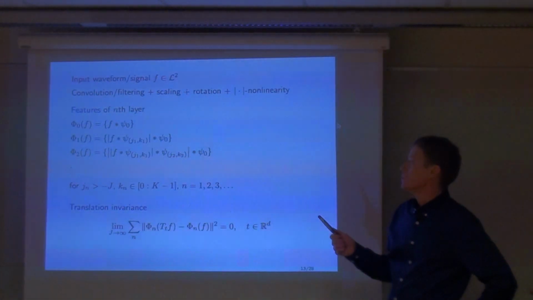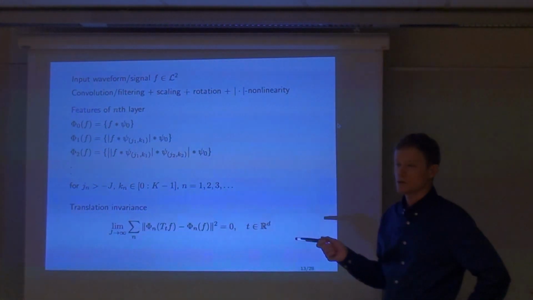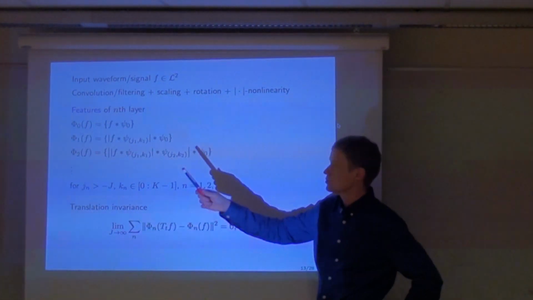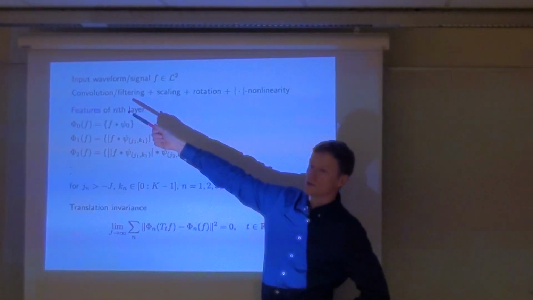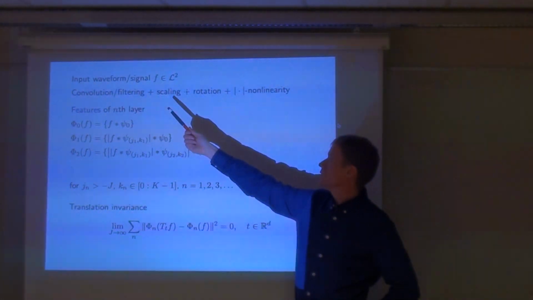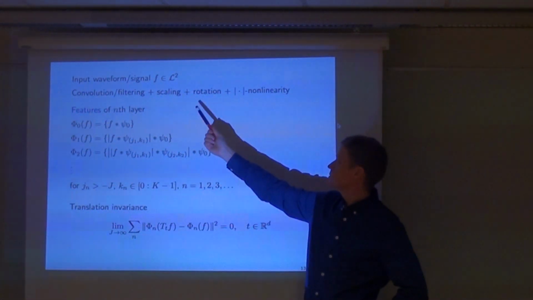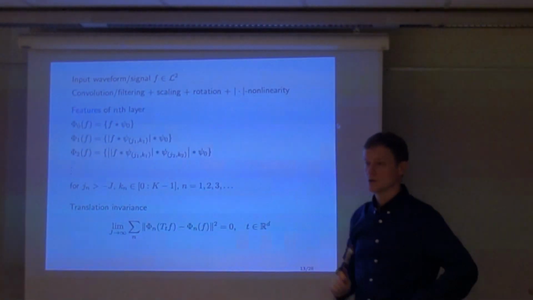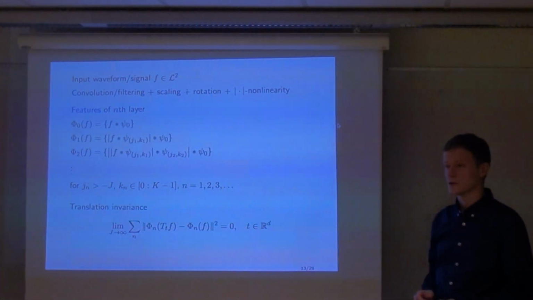So is there a connection already now to deep networks and neural networks? Yes, a little bit, because you do a linear operation, that's filtering. You do a linear operation, scaling. You do rotation, and you do a nonlinearity. It sounds a little bit like a neural network.